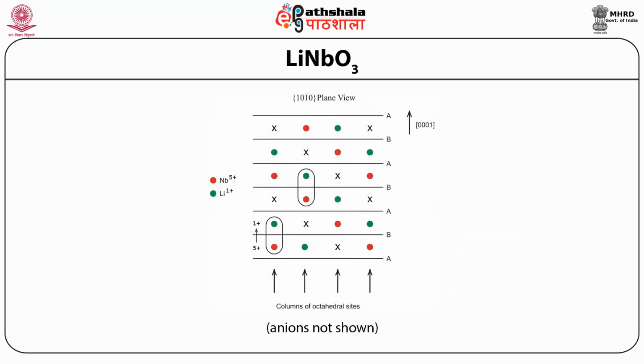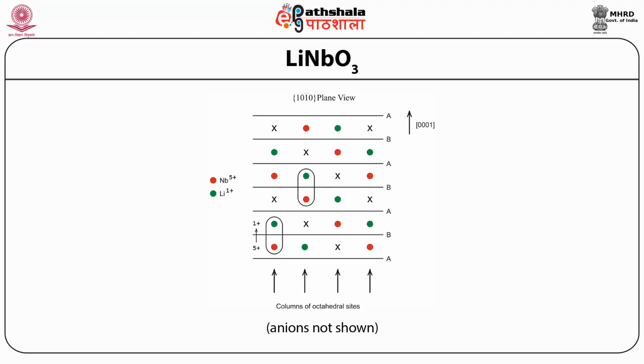You can see the cross-sectional view of the lithium niobate structure which we have seen in the previous slide. The arrangement of the atoms is in an AB, AB, AB sequence and so on. Here the red circle corresponds to niobium and the green circle corresponds to lithium, so the arrangement of lithium and niobium is shown.